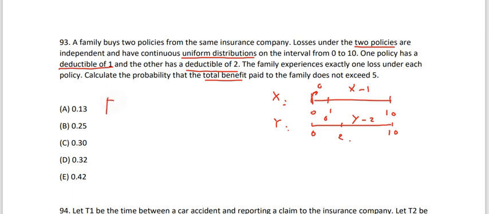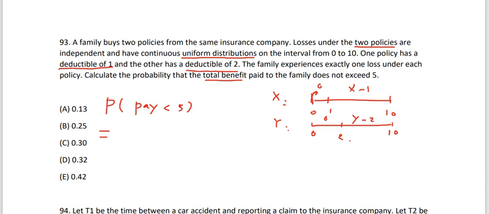So we want to find the total payment less than 5. We need to check 4 cases. First, x between 0 to 1 and y between 0 to 2, so payment is 0, which is less than 5.